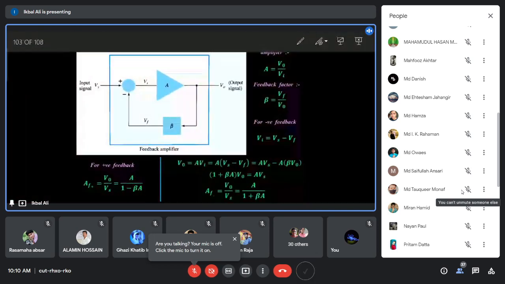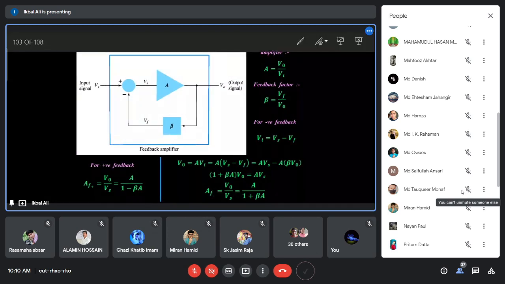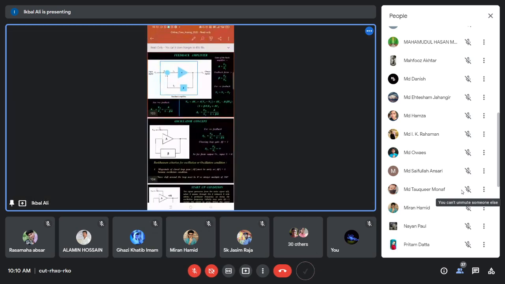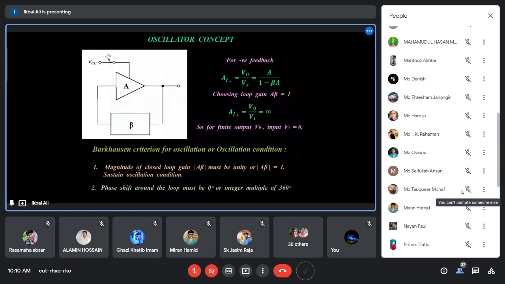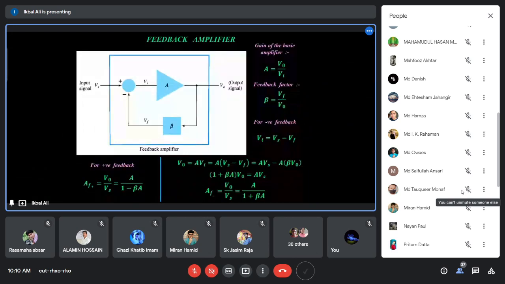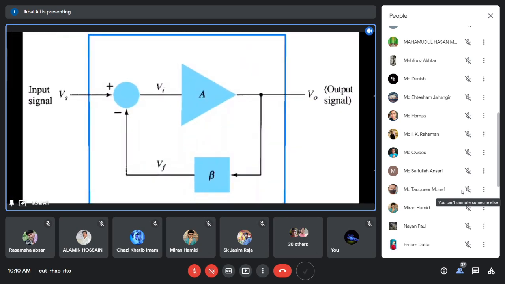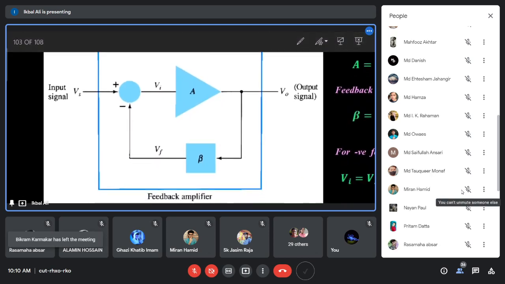That is the symbol of the amplifier. So this triangle shape is the amplifier. You know that this is the amplifier in the middle.